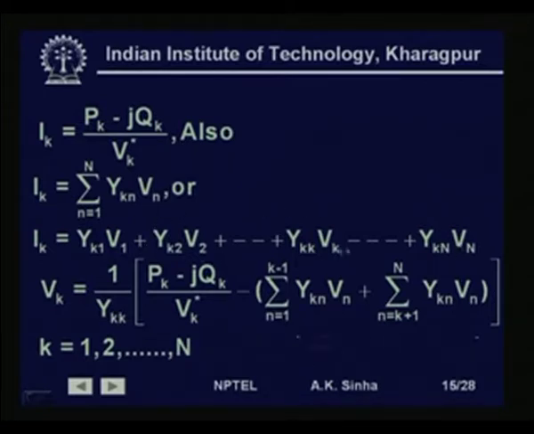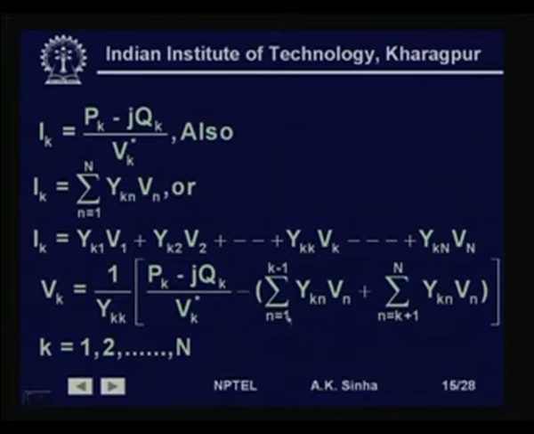Now, from this equation, if we leave this term and take all the other terms on the other side and replace I k by this relationship, then we have V k is equal to 1 by Y k k, if we divide by Y k k, times P k minus j Q k by V k conjugate, this is for I k we are writing, minus all these terms except this term.